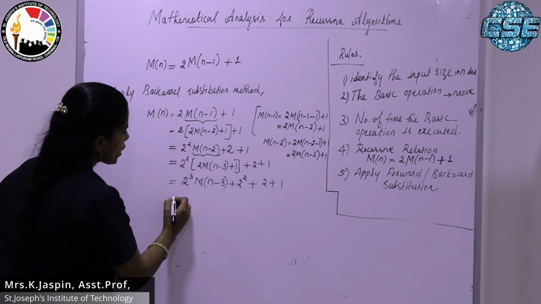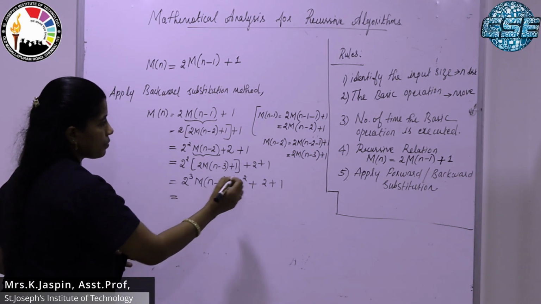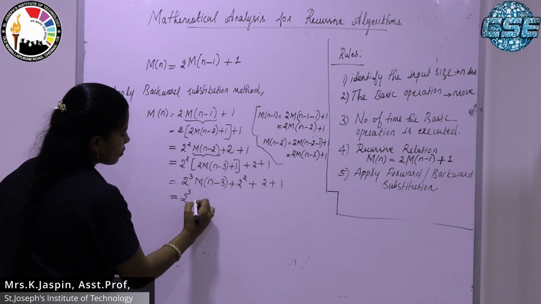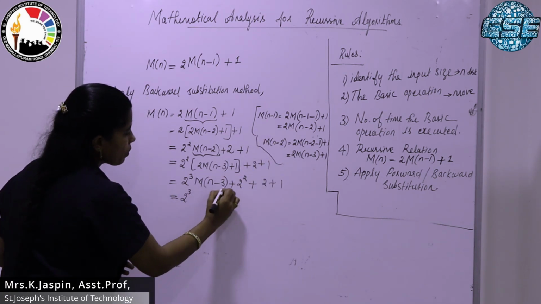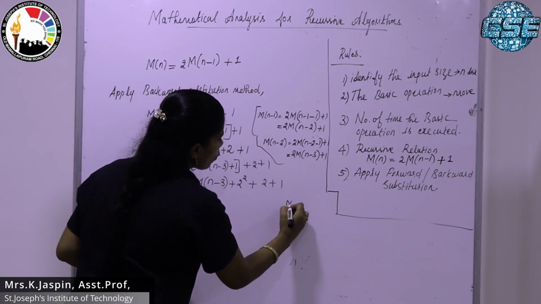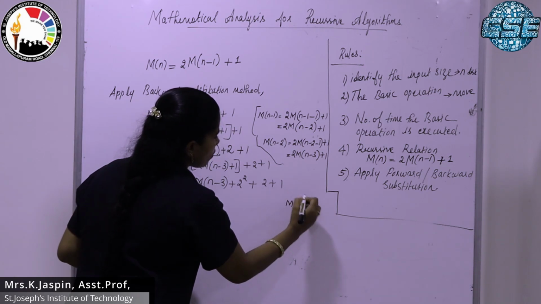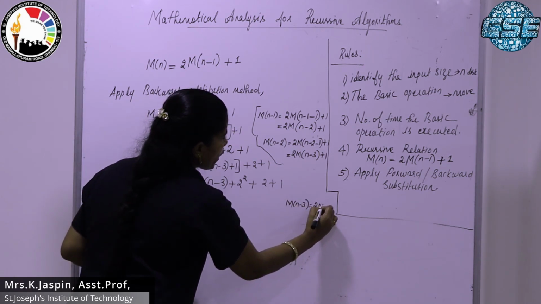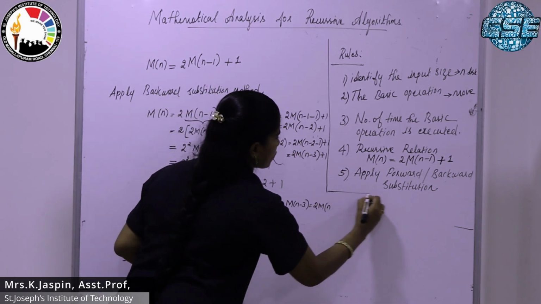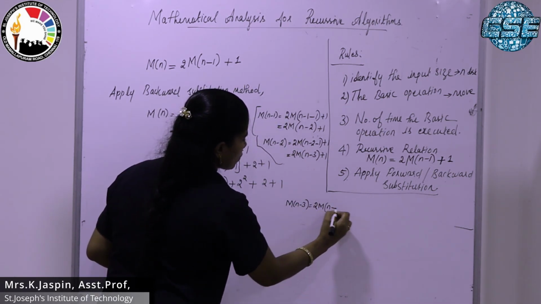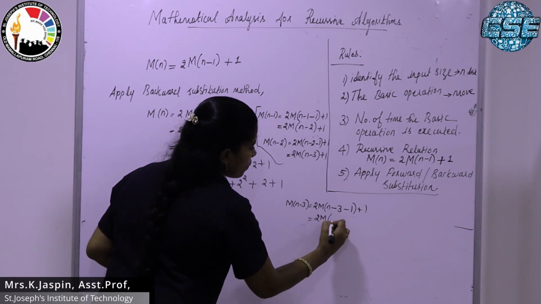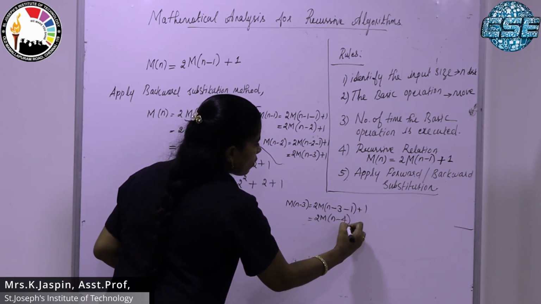Again, if you are substituting the terms, in 2 to the power 3, instead of M of n minus 3, I need to place the value for M of n minus 3, that is 2 M of n minus 3 minus 1, plus 1. So 2 M of n minus 4 plus 1.